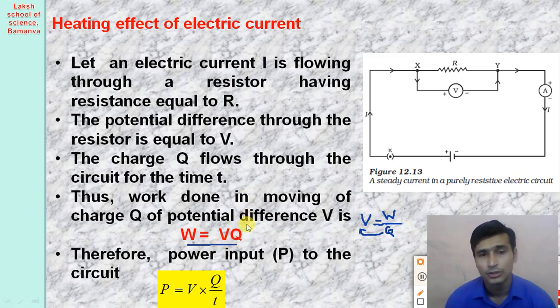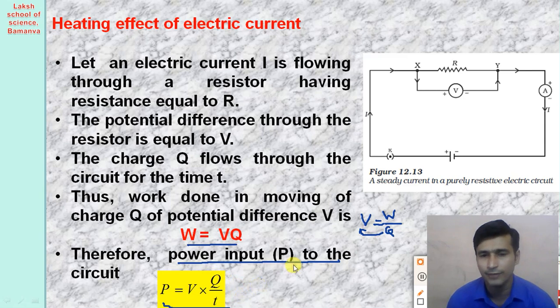So this requires some amount of energy. To move a charge from one point to another point, we require some amount of energy, and this energy is given by power. So the power input P to the circuit, P is equal to W divided by t. We know that W is equal to V into Q. So the power P to the circuit is V multiplied by Q by t.